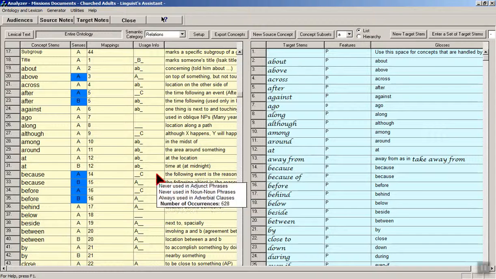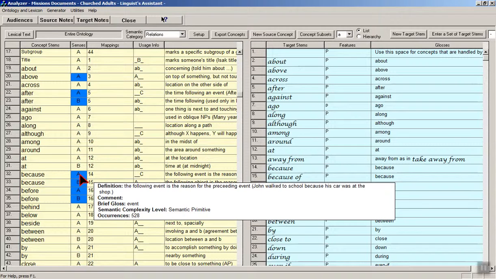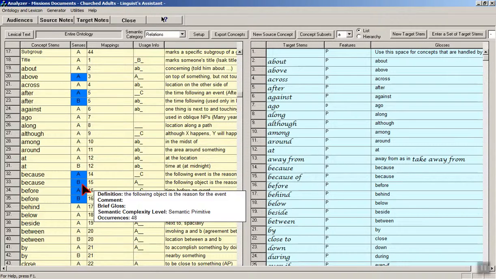So I mentioned before that there are two versions of because. Because A says the following event is the reason for the preceding event. John walked to school because his car was at the shop. And for B, the second sense of because is the following object is the reason of the event. Because of Jesus, I am happy.